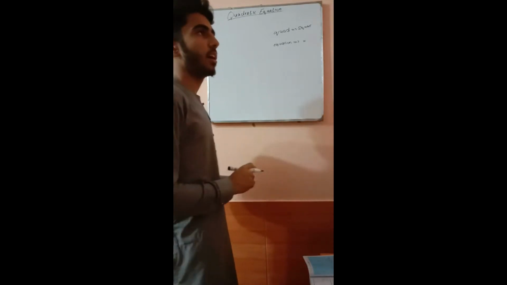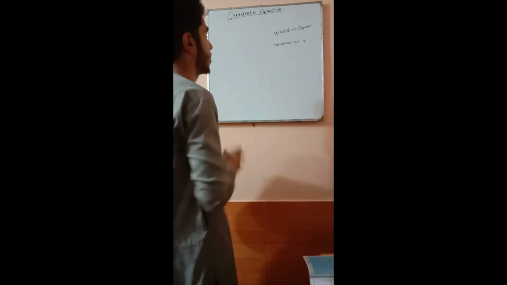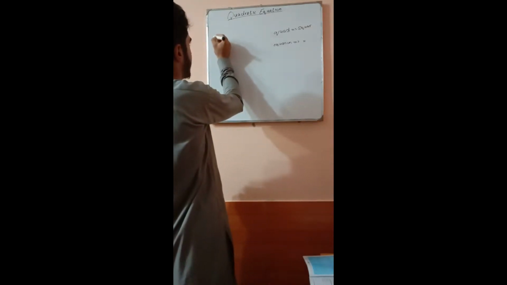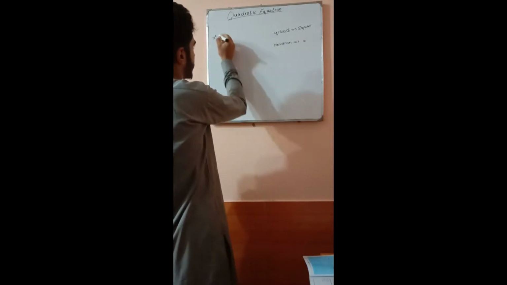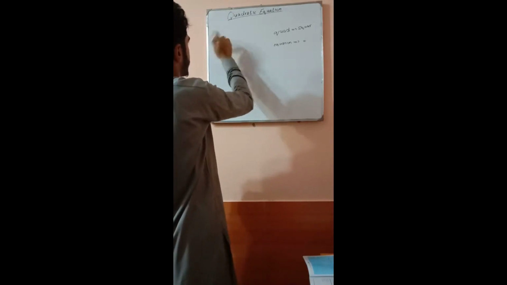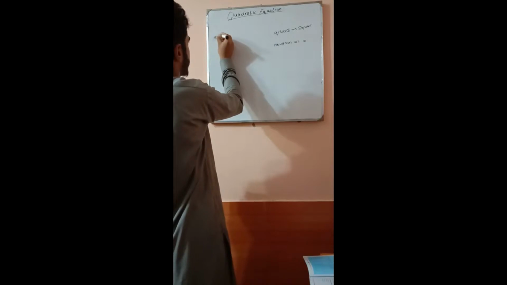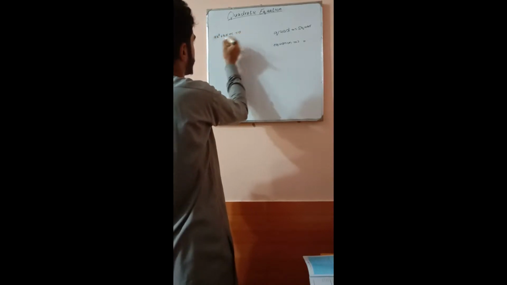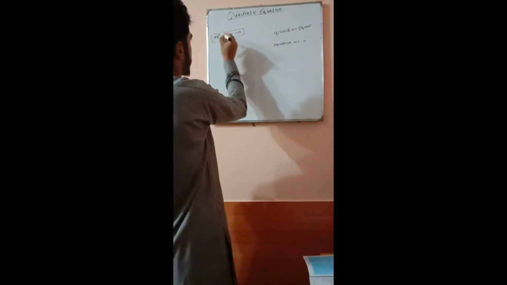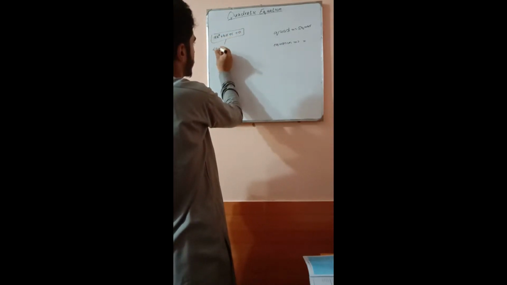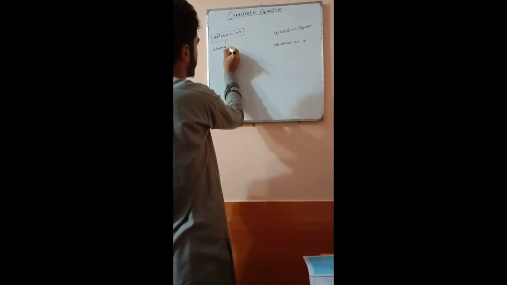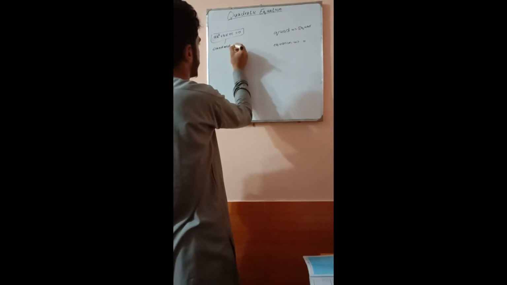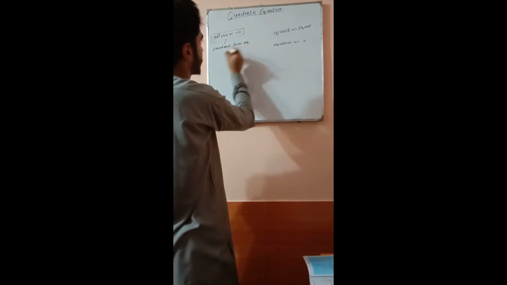There are three ways to solve the quadratic equation, and the standard form of quadratic equation is ax square plus bx plus c is equal to 0. This is the standard form of quadratic equation, okay?